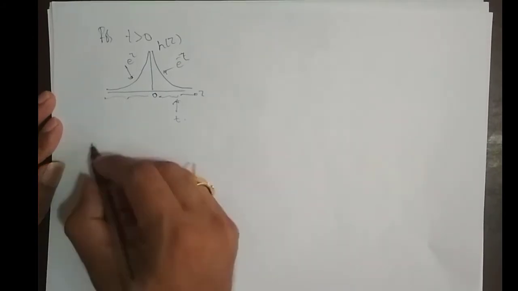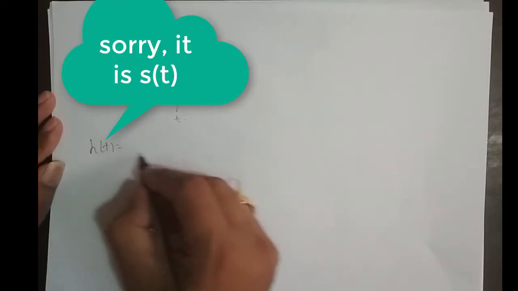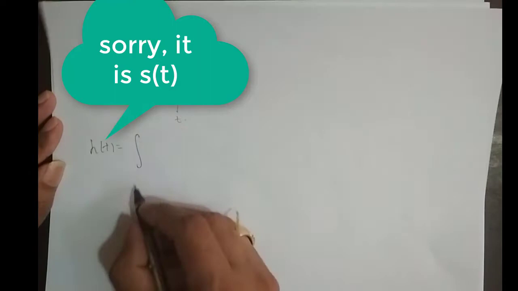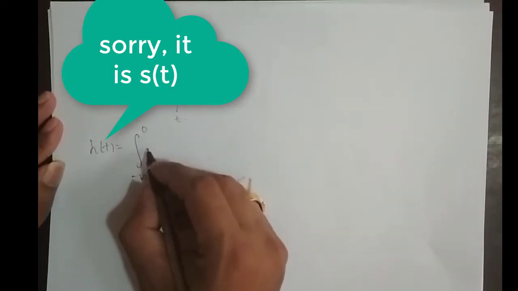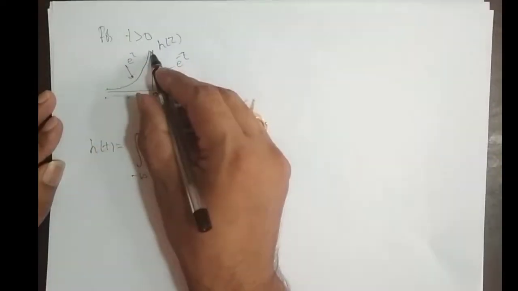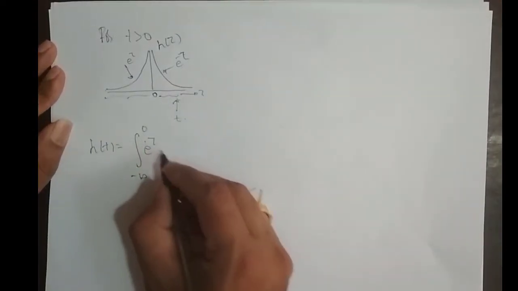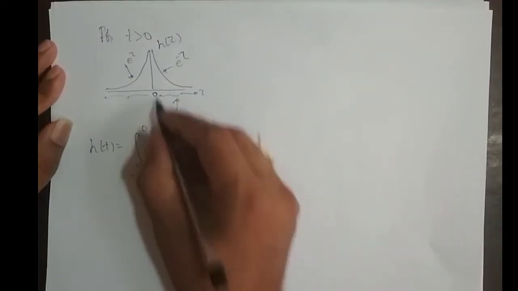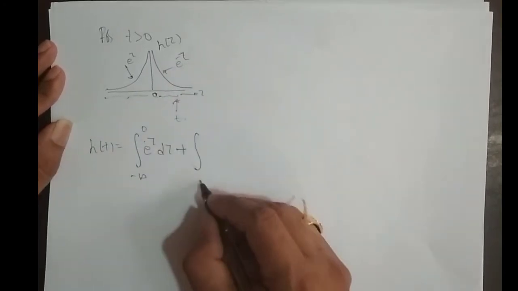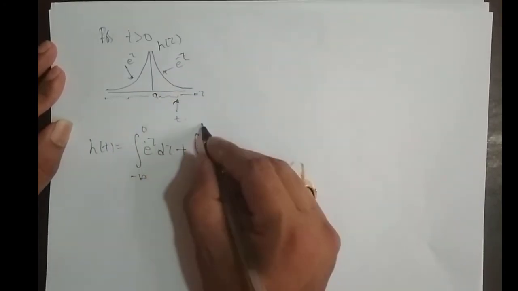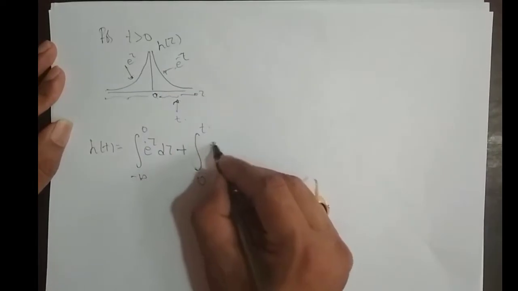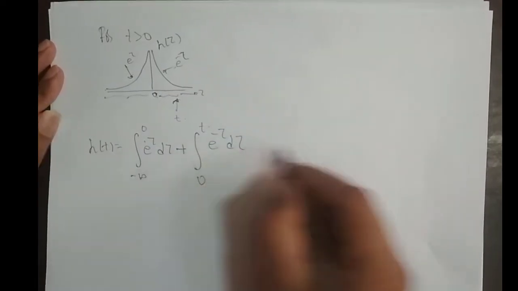So s of t is equal to integrating from minus infinity to 0. What is the signal? What is h of tau? It is e power tau, right? So e power tau d tau, plus integrating from 0 to where I keep this t, which is t here, and what is the signal? e power minus tau d tau.